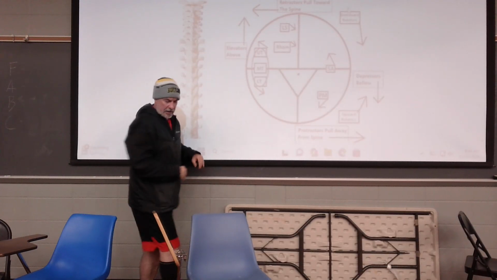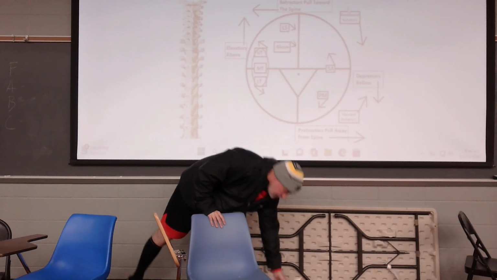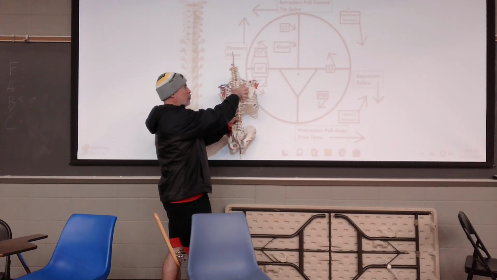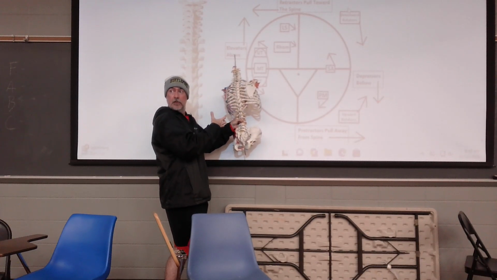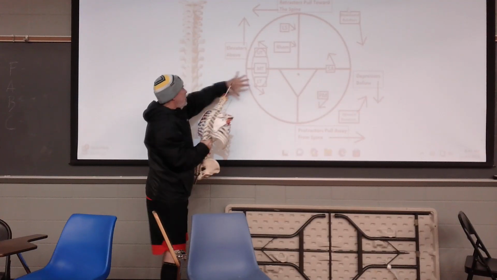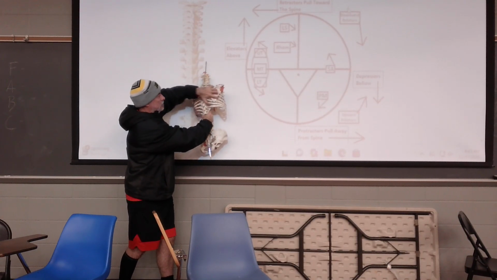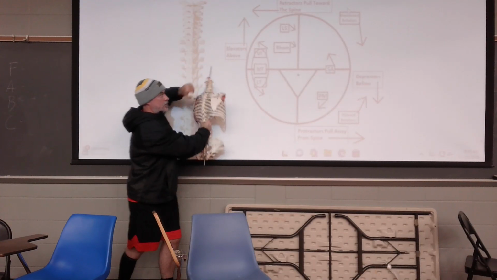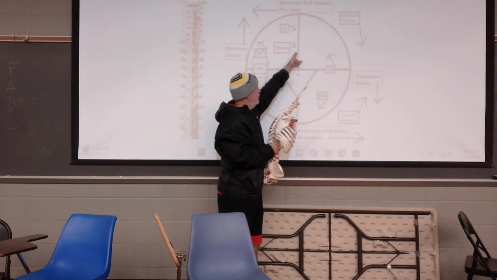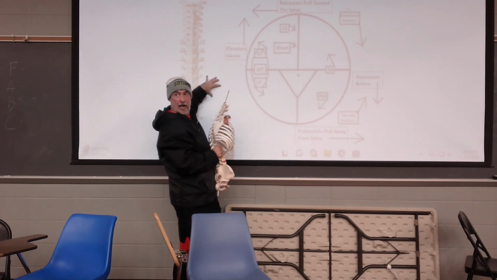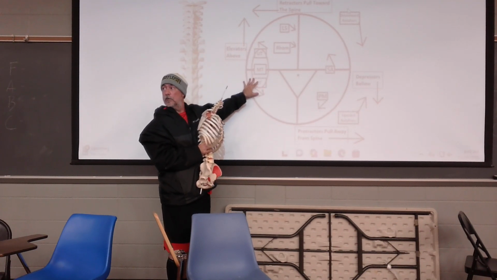If I have muscles that are more on the medial side of my scapula, those are going to be retraction pullers, trying to pull the scapula to the spine. The muscles on the left side are my retraction pullers. This is a posterior view.